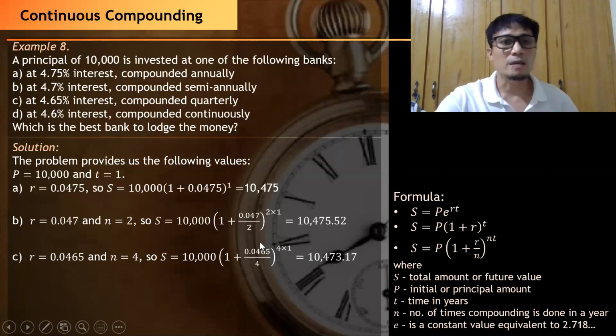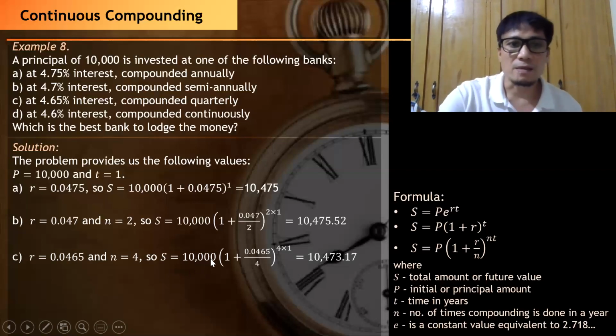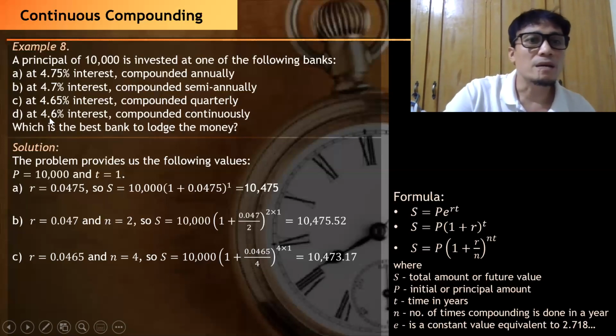We have S equals 10,000 times 1 plus R, 4.65%, over 4, because this is compounded quarterly, then raised to 4 times 1. We have 10,473.17.